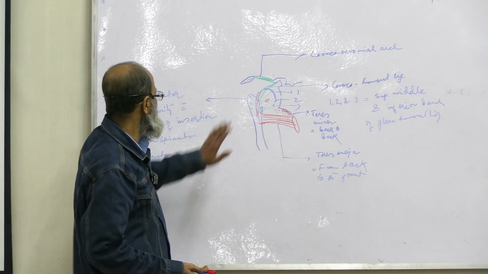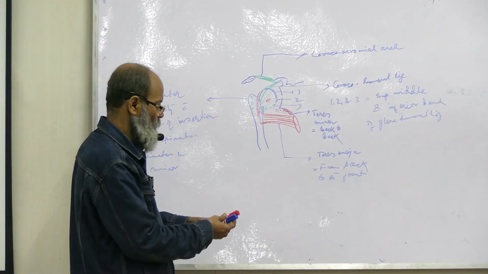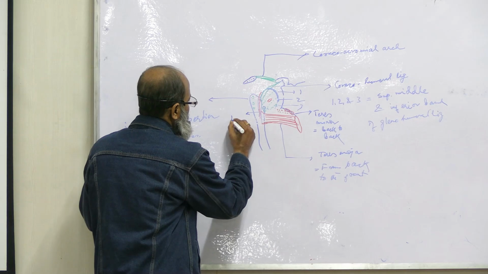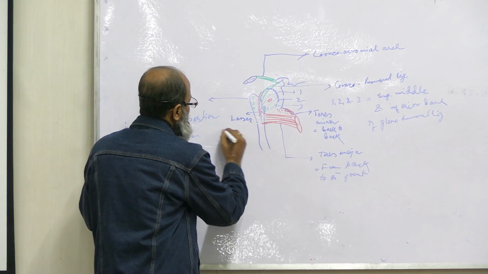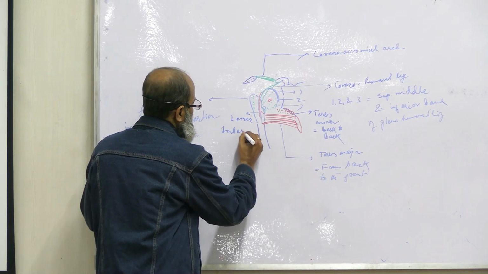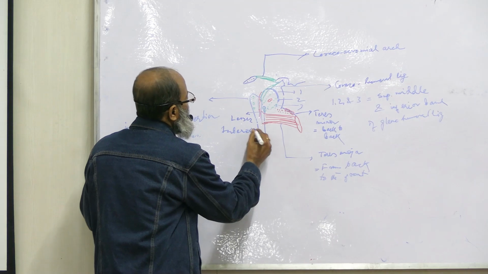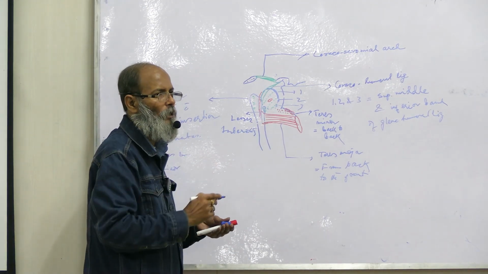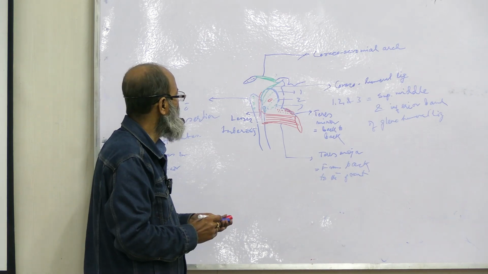So this is the greater tuberosity and this one is the lesser tuberosity. Lesser tuberosity carries the impression of insertion of subscapularis. Right?